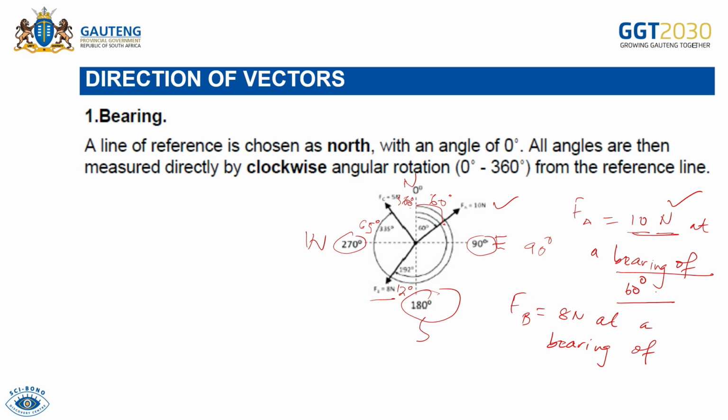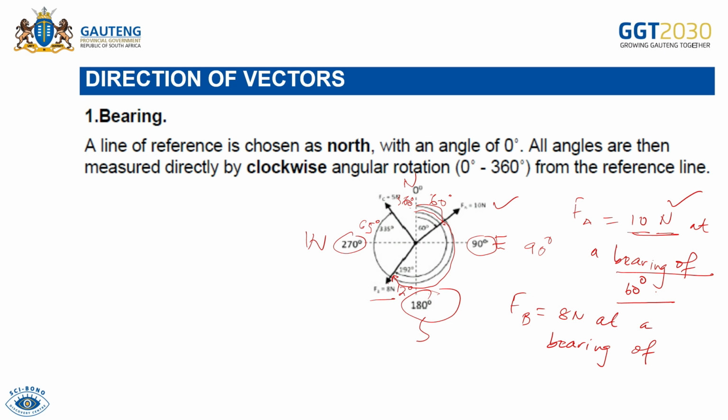So you're moving from north up to FB. From north to east is 90, and from east to south is 180. Then from this 180 to this FB force, you have 12 degrees.